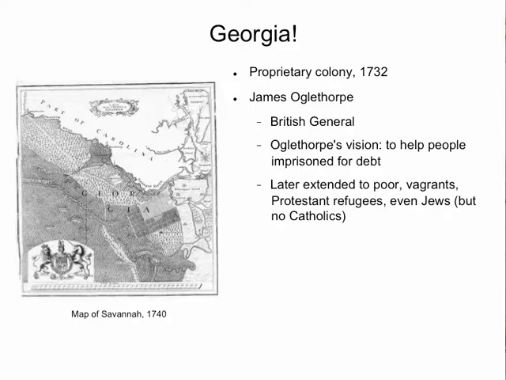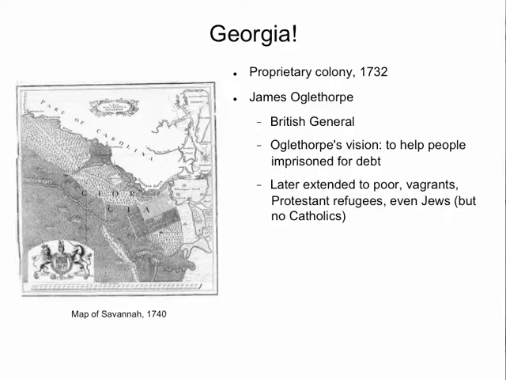And so that is where the idea for Georgia came from. Oglethorpe intended it to be a place where people who were in debt could go to start anew, and to have a better life. But as time went on, the vision developed, and actually not very many debtors wound up coming to Georgia.